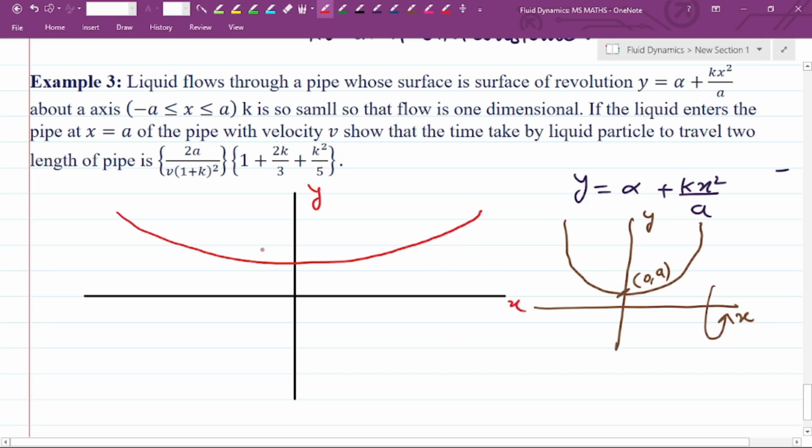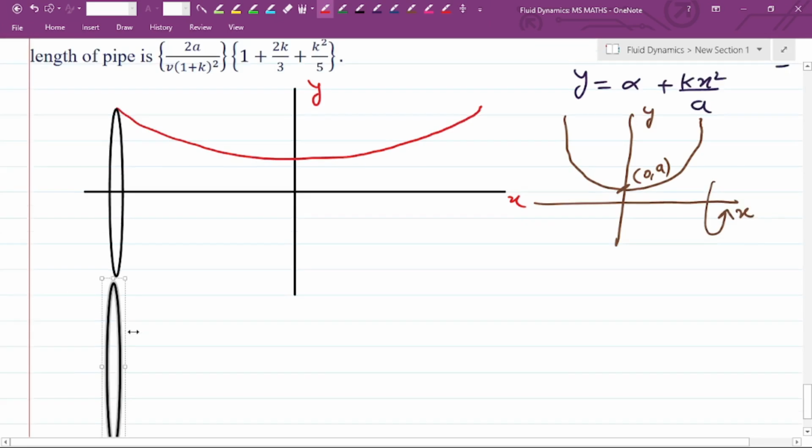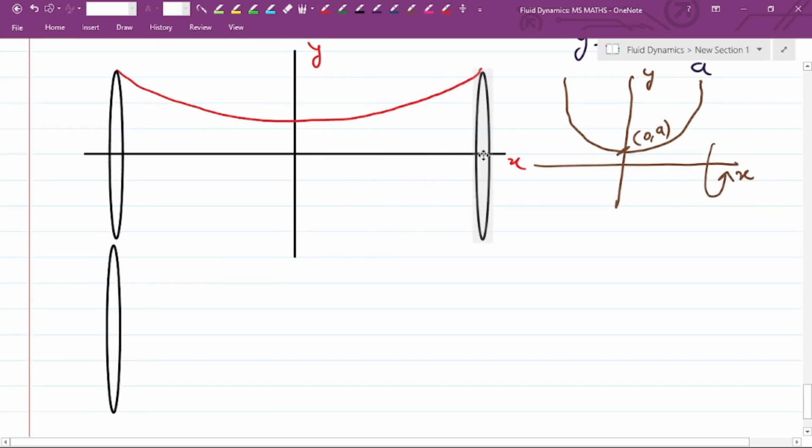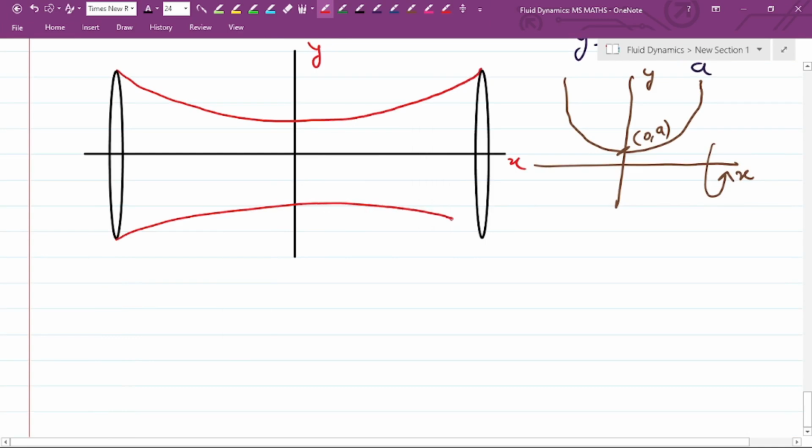It revolves about the x-axis, then this will be like this. This is the revolution about the x-axis.